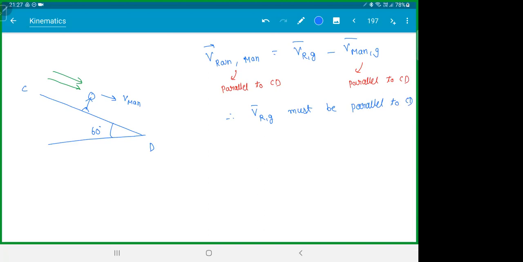Is that making sense, everyone? That's your information. Abhi rain ka speed we don't know, but I'm sure this is the velocity of the rain, which is making an angle of 60 degrees. This much we know now. The rain is actually falling at an angle of 60 degrees with the horizontal.